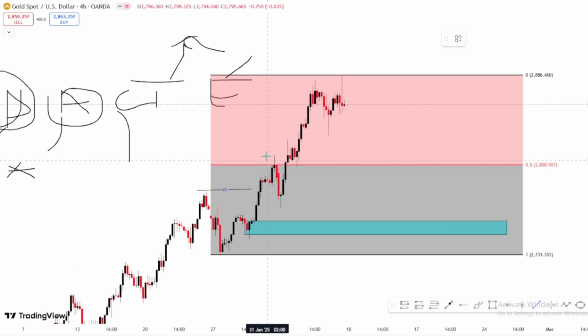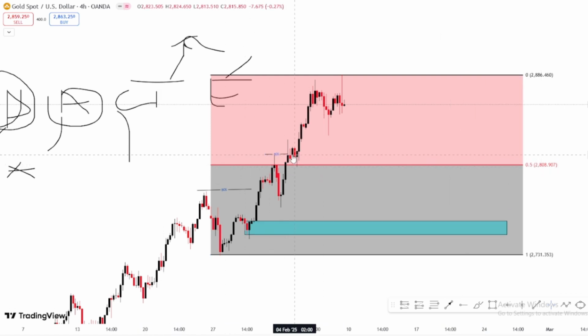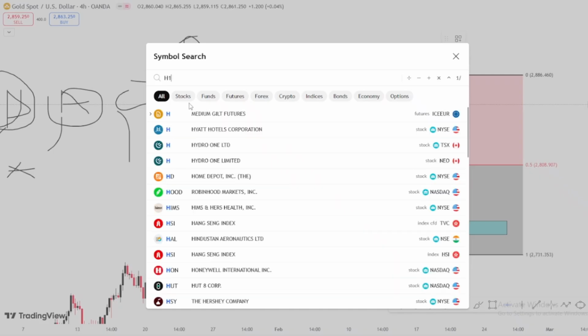And this has been another breakout structure at this place. So this zone here can be another small time frame point of interest. Let's go to the 1 hour and see whether we find it.